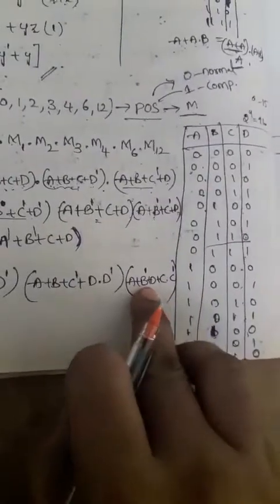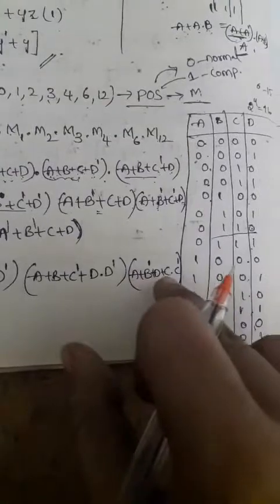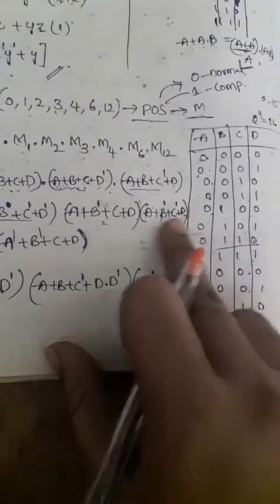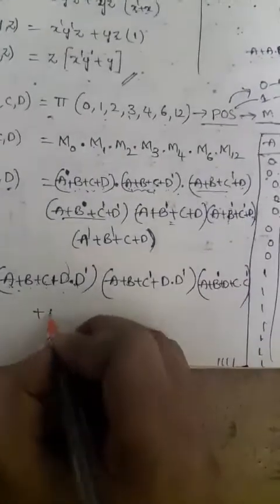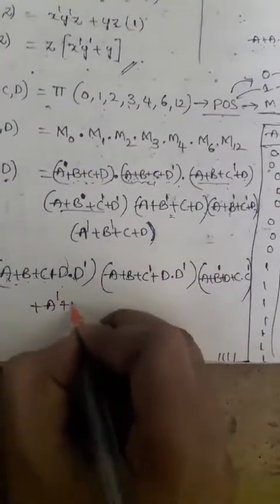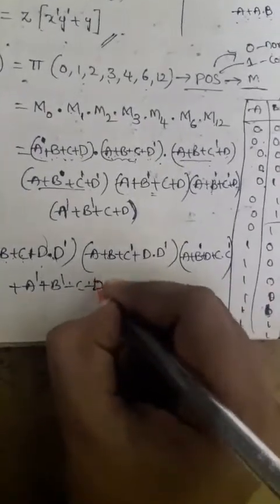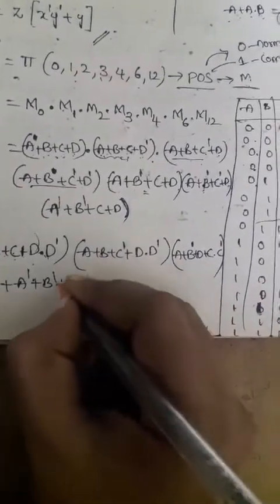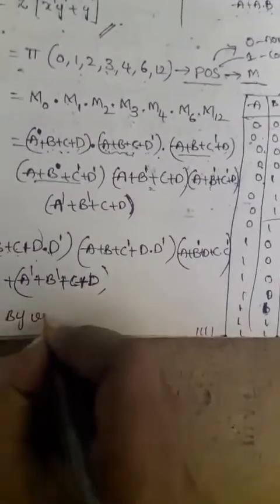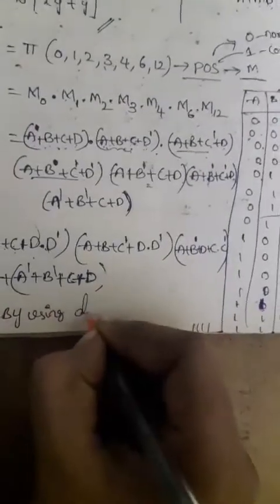A plus b complement plus d plus c is the first function, and the next one is a plus b complement plus d plus c complement. So this one is clear. The last function I can write as it is, a complement plus b complement plus c plus d. Here you have to write it by using the distributive law.